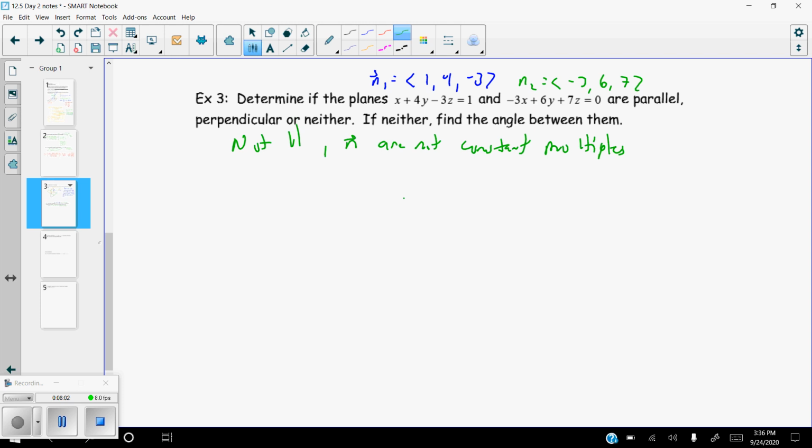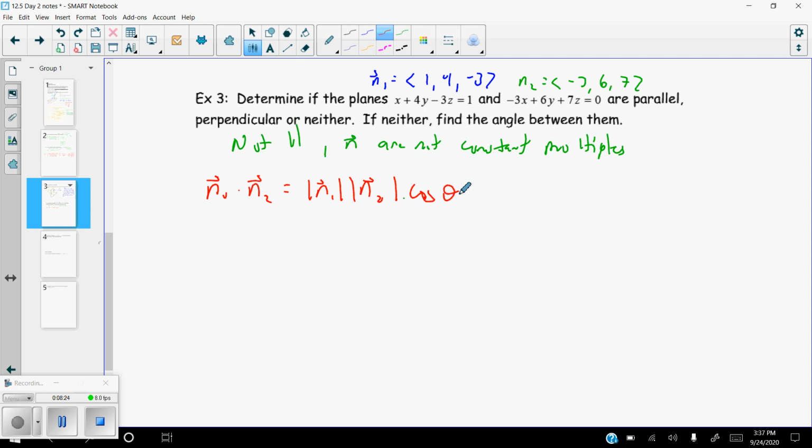To be perpendicular, we have an easy way to check. It's going to come back to our formula that n1 dotted with n2 equals magnitude n1, magnitude n2, cosine of the angle in between.